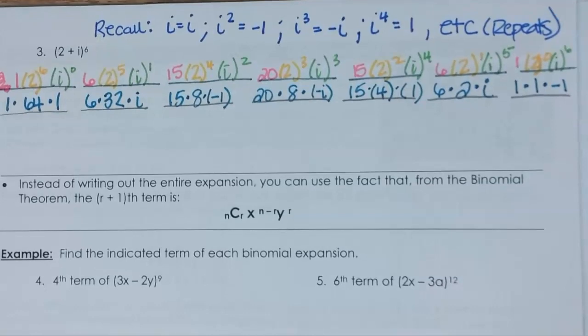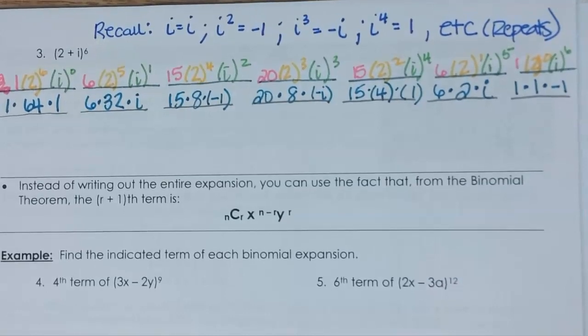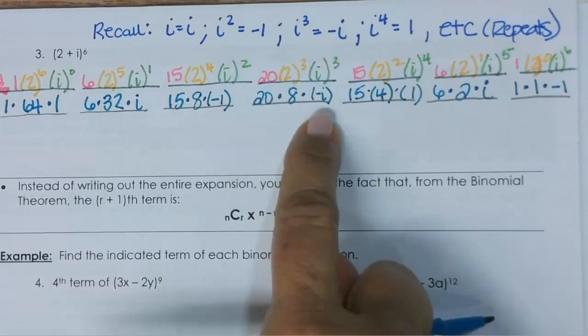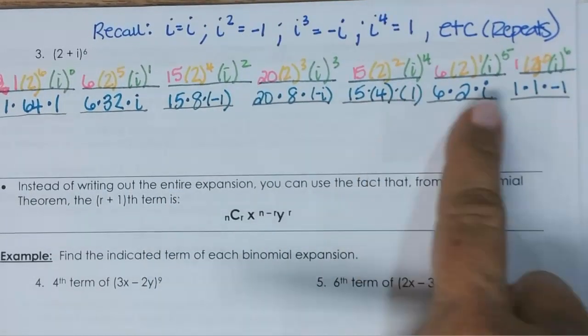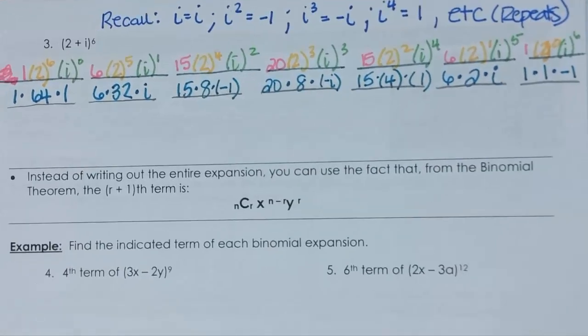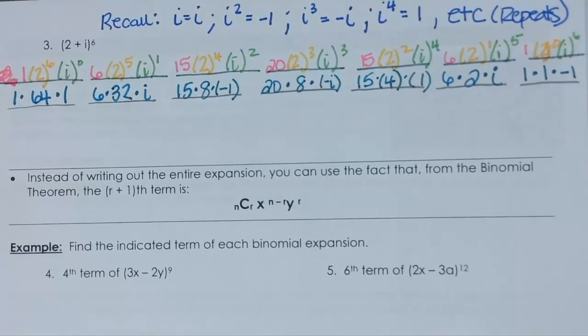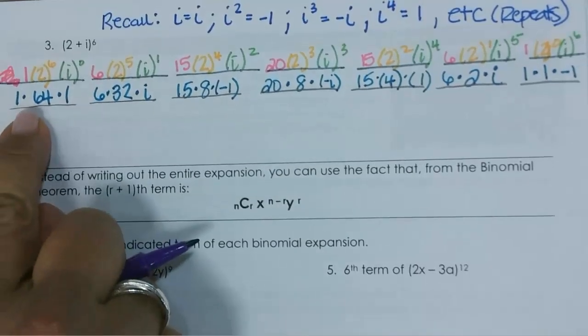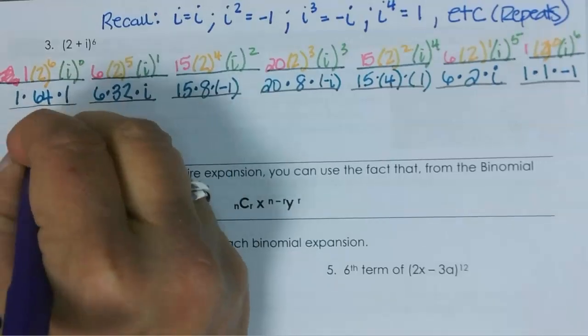So again, those powers of i cycle: 1, i, -1, -i, +1. Okay. And then we're ready for our next pieces. So then we have, what is this? 1 times 64 plus 1. Well, that ends up giving 64.